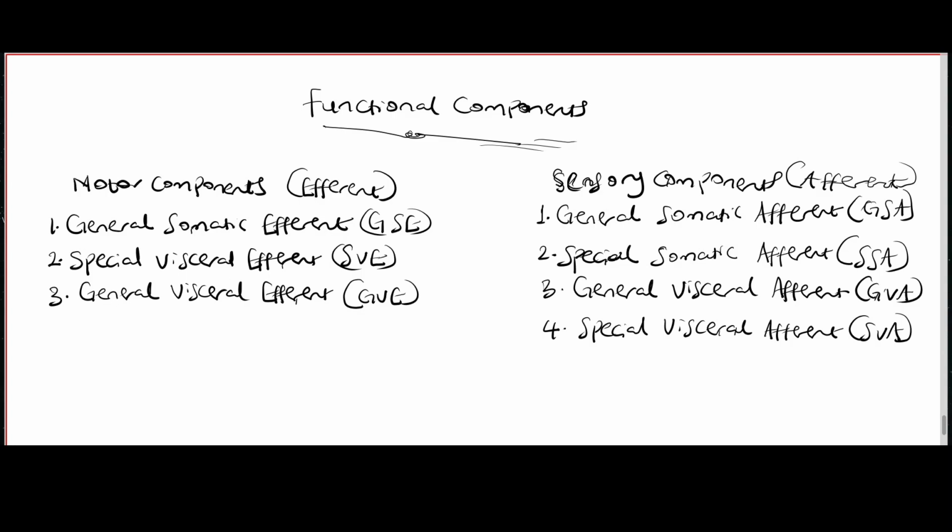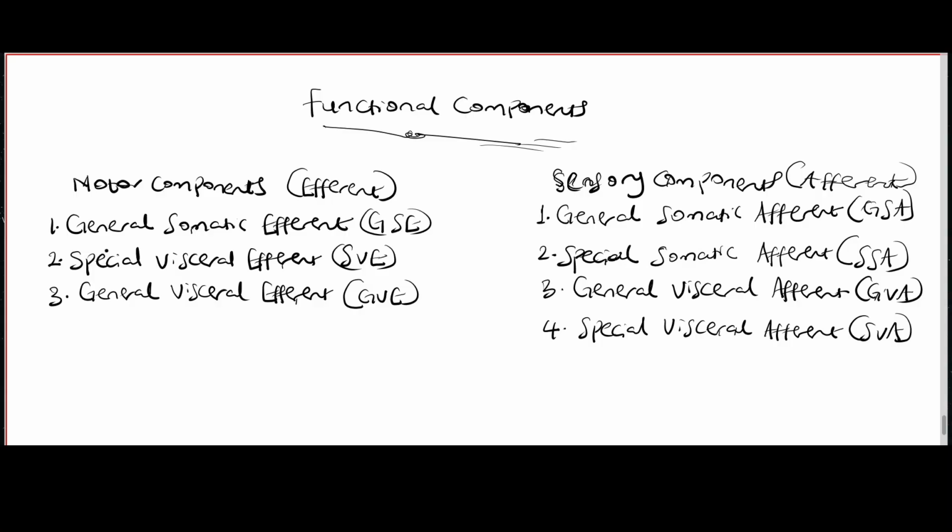Next, we can either have general or special. General simply means ordinary functions that are found throughout the body, while special simply means special senses mainly found in the head.